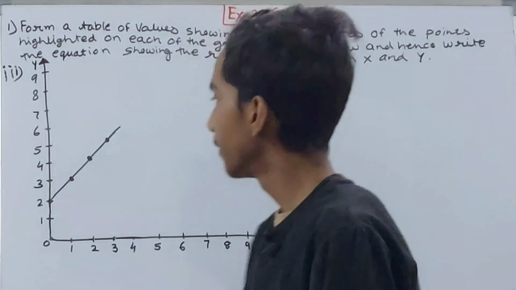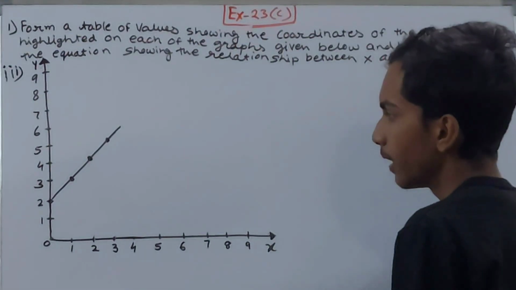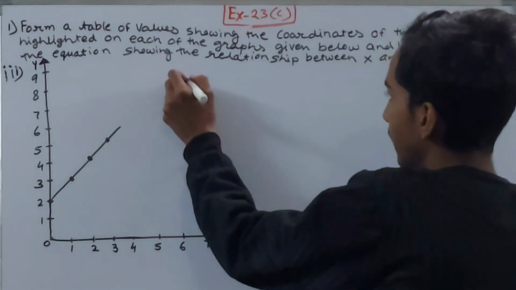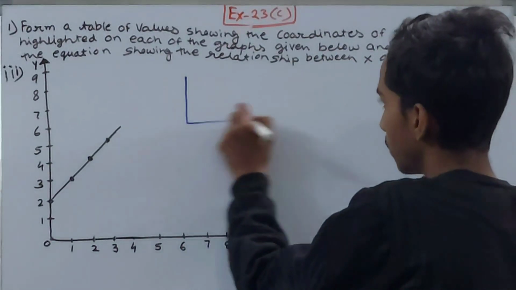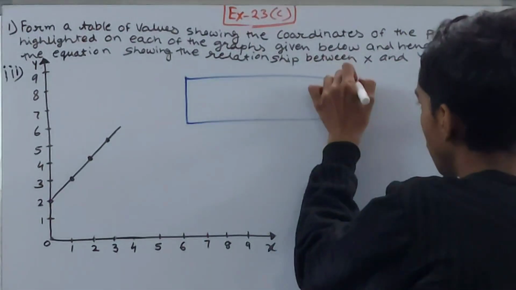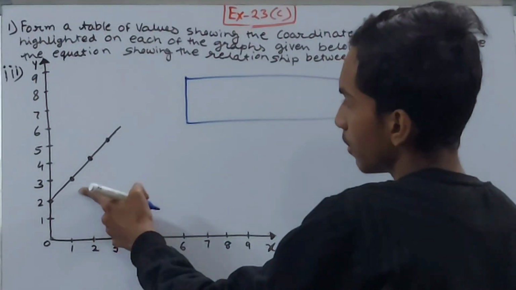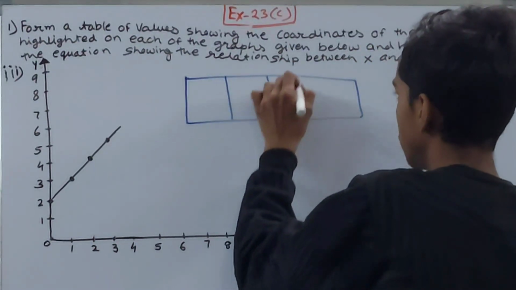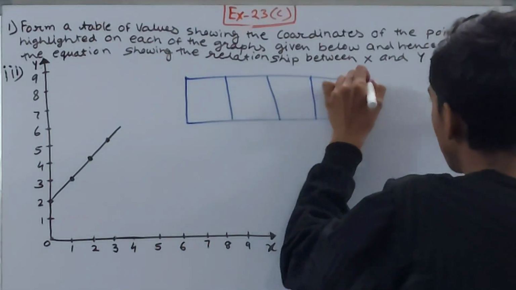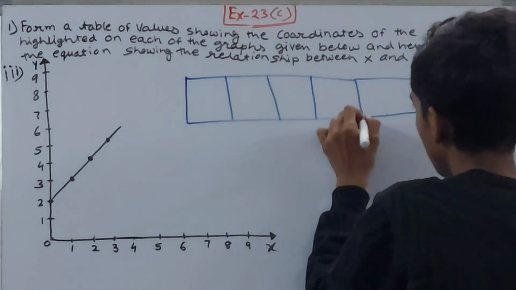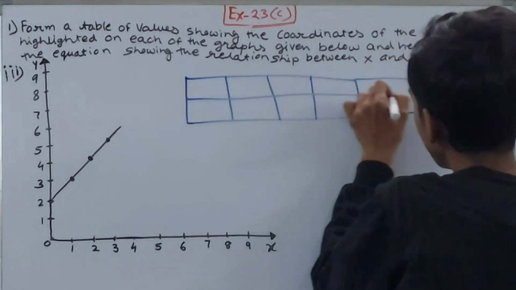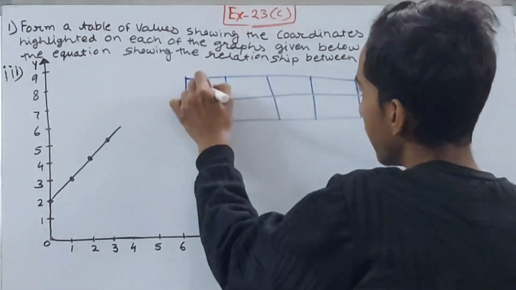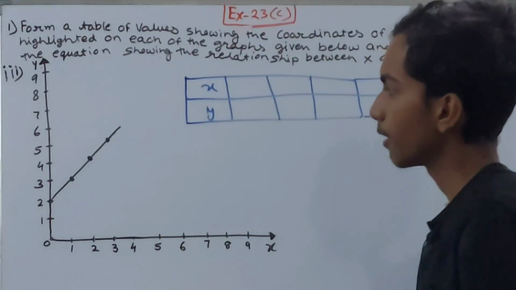See the third part. We have this type of a graph again, right? And let's make the table once again. We'll have 1, 2, 3, 4 points, right? And again we'll have 2 columns here. This will be x, this will be y. Look here carefully, right?